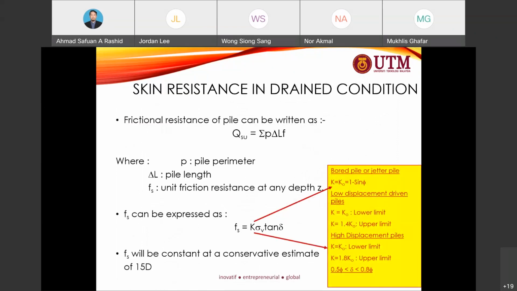So this is for the sand. Actually a similar approach with the conventional way. I just repeat again the formula for skin resistance and bearing. For the beta, we have different types of K value, effective vertical stress and tangent delta.